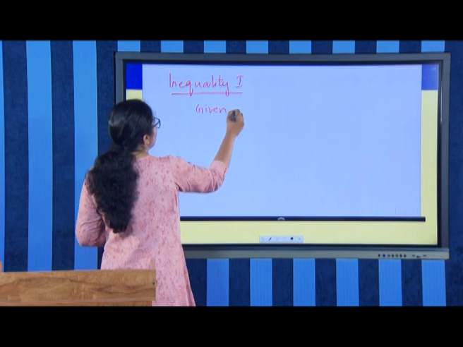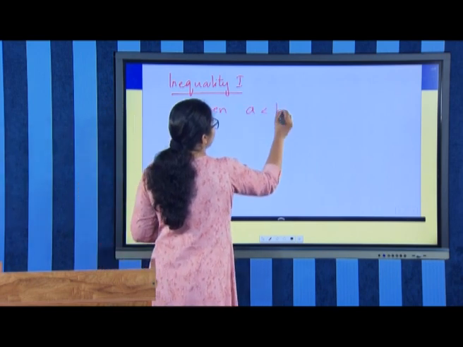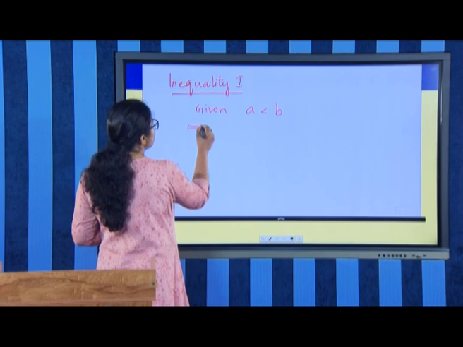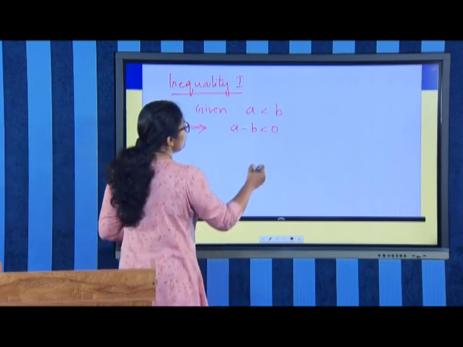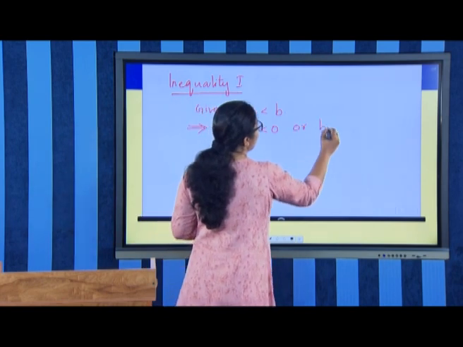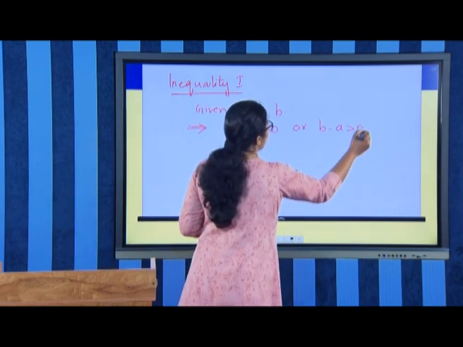Given A is less than B. So, what does this indicate? A minus B is less than 0 or B minus A is greater than 0.